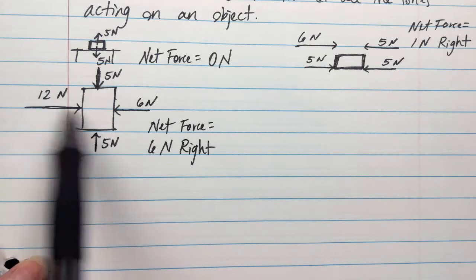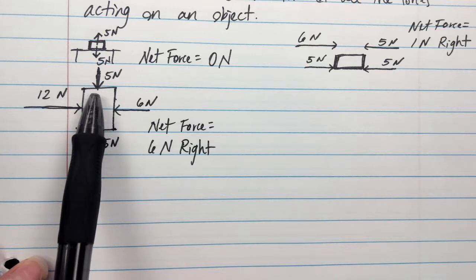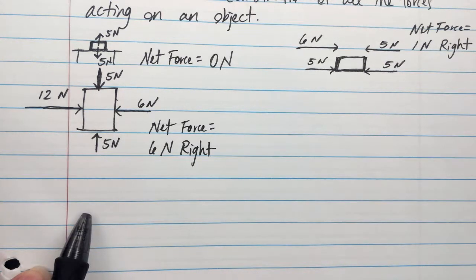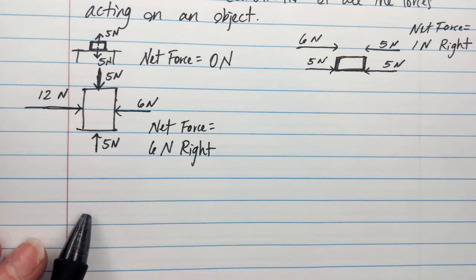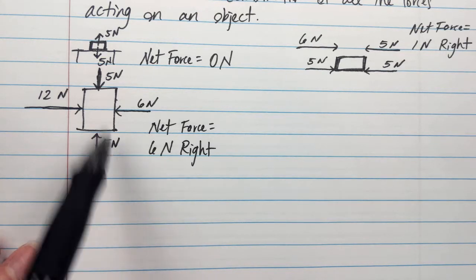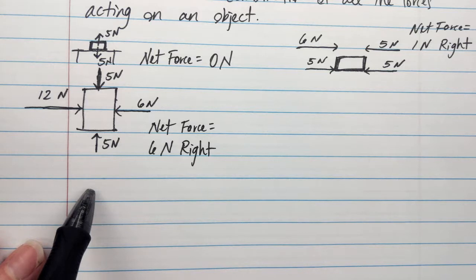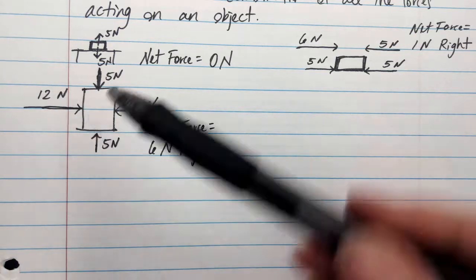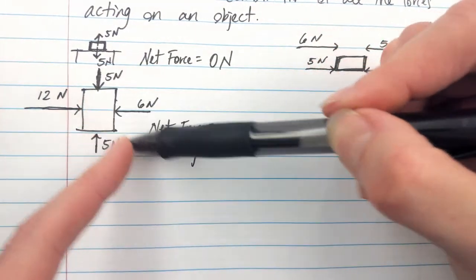It's going to move at an angle. It's not going to go straight down, because this 12 and this 12 are going to work together. They're going to come together and move it like that.